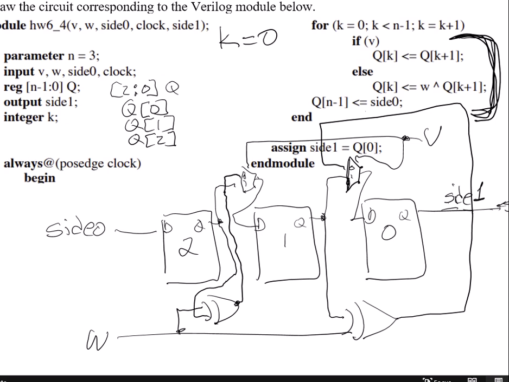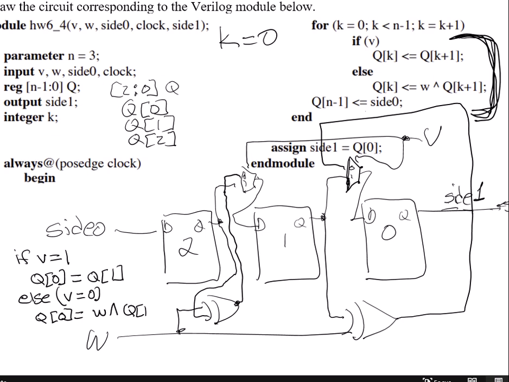So I can summarize that and say if v equals 1, then q of 0 is equal to q of 0 plus 1. Else, which means v equals 0, then q of 0 equals the exclusive OR of w and q of 1.